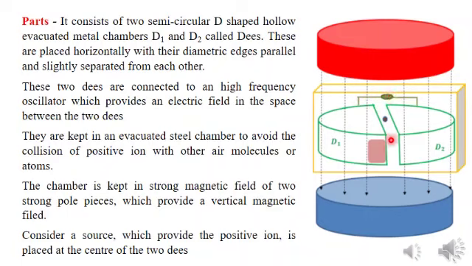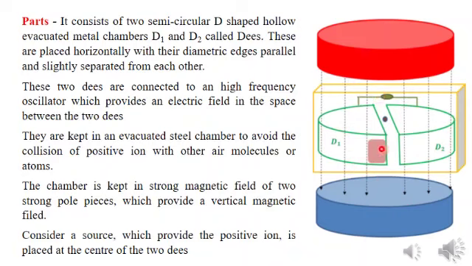They are kept in an evacuated steel chamber to avoid the collision of positive ions with other air molecules or atoms. The chamber is kept in strong magnetic field of two strong pole pieces which provide a vertical magnetic field.